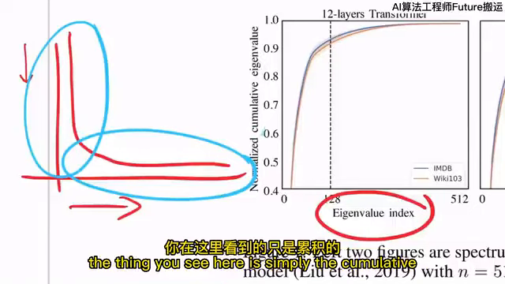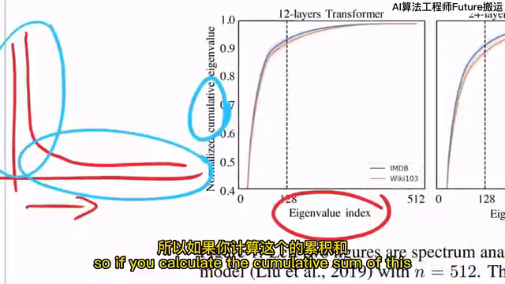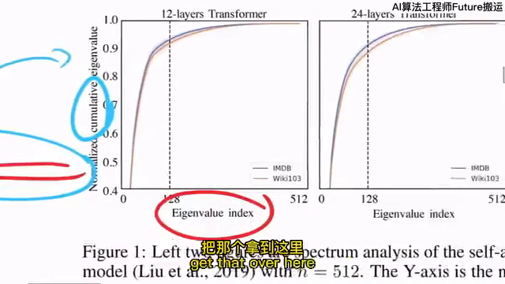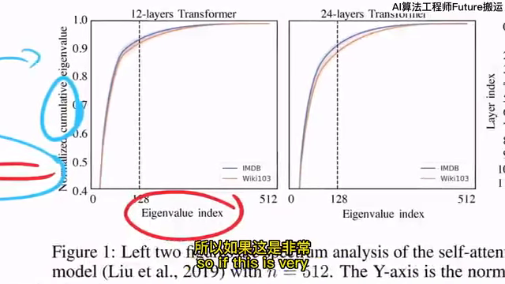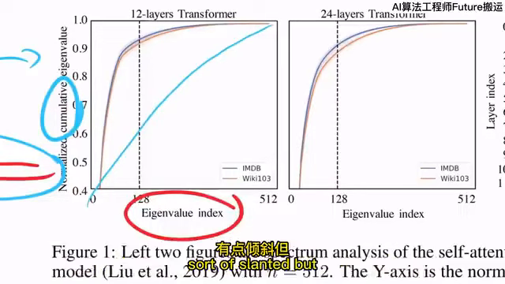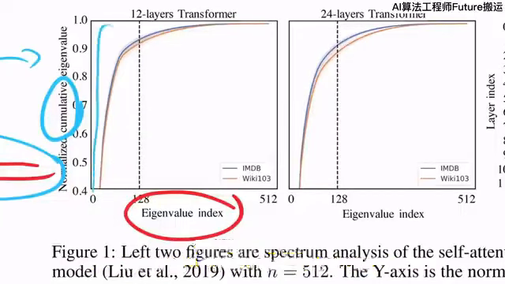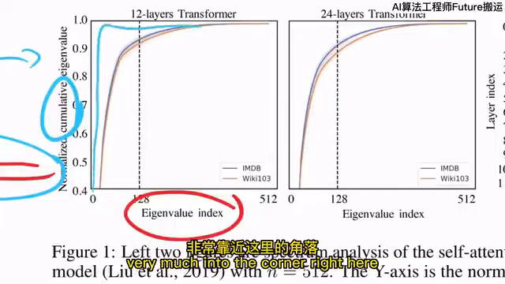The thing you see here is simply the cumulative sum of these things. So if you calculate the cumulative sum of this, you'll get that over here. If this is very high rank, you would expect a curve that goes like this, slanted, but not very. If this is very low rank, you would expect a curve that goes very much into the corner right here.